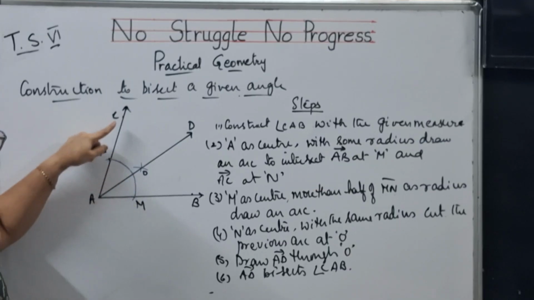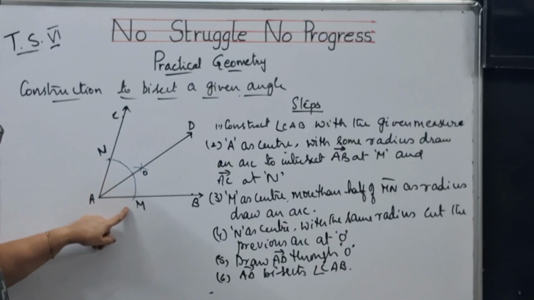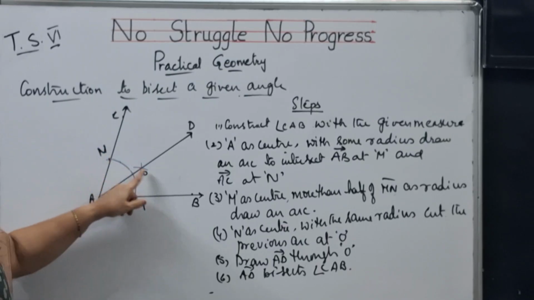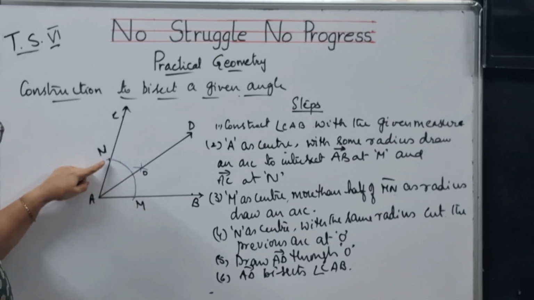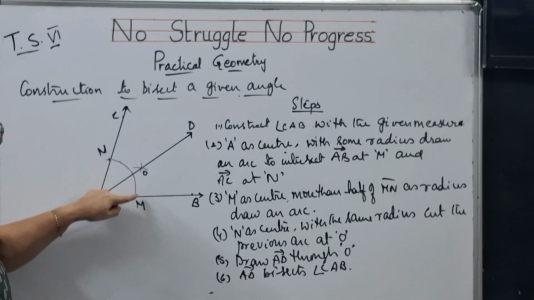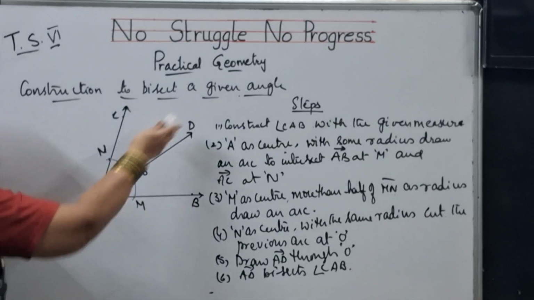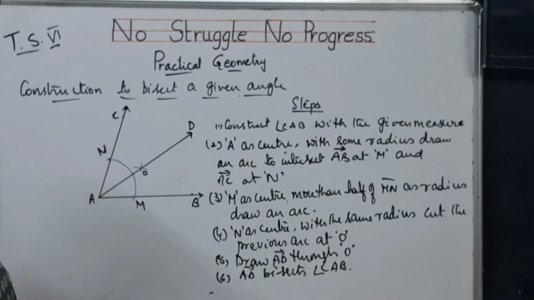The arc intersects the given two rays at two points. With one point as center, more than half of this as radius, draw an arc. With the same radius, N as center, cut the previous arc and join the line. That will give you the bisector of the given angle. Please do it in your book. You will definitely get it.